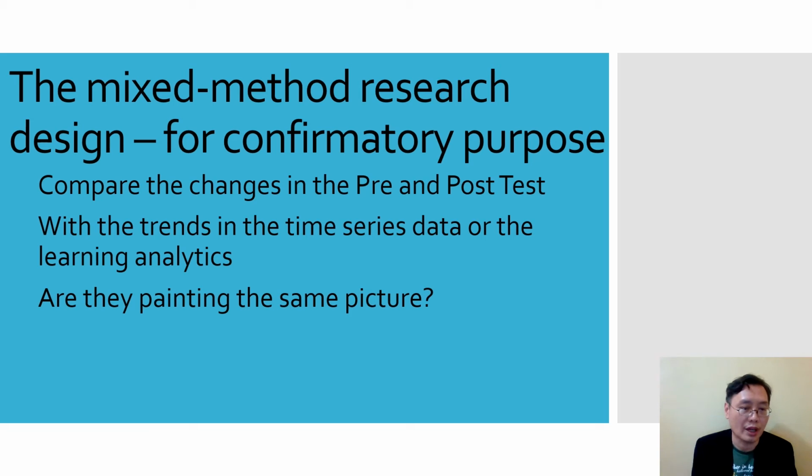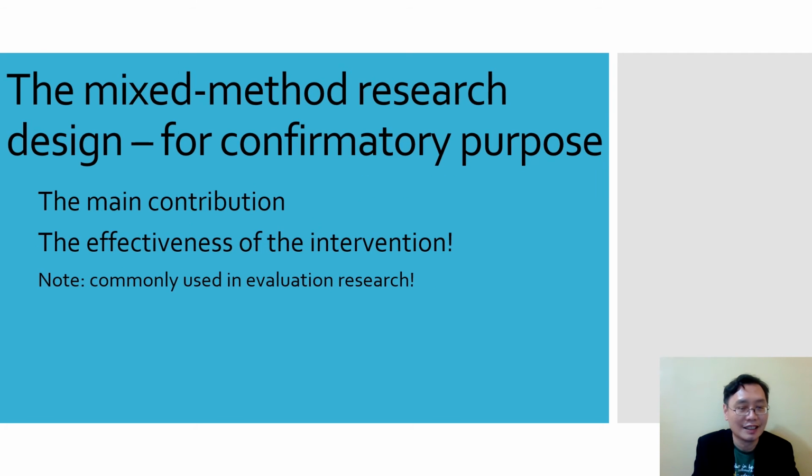Likewise, when we talk about mixed method research design for confirmatory purposes, we use the same principle as well. More measurements can be better, and there's more validity and reliability. So the main contribution of mixed method research design for confirmatory purpose basically is just one, that is to determine the effectiveness of the intervention with a high level of confidence.